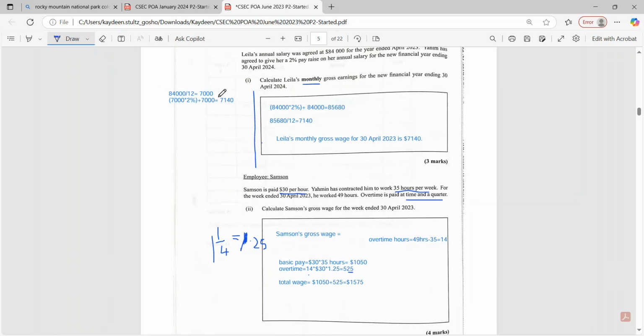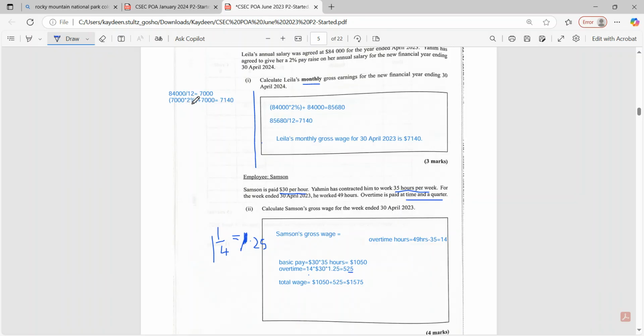Now, this is another way that you can work this question. Some people will choose to find the monthly salary. So they take the pay from last year and divide it by 12, and that will give them $7,000. Now, if you multiply the $7,000 by the 2%, which is the raise, you will get what her new pay will be for each month, right?